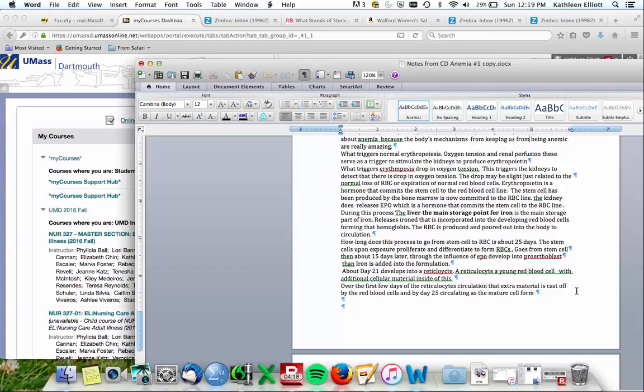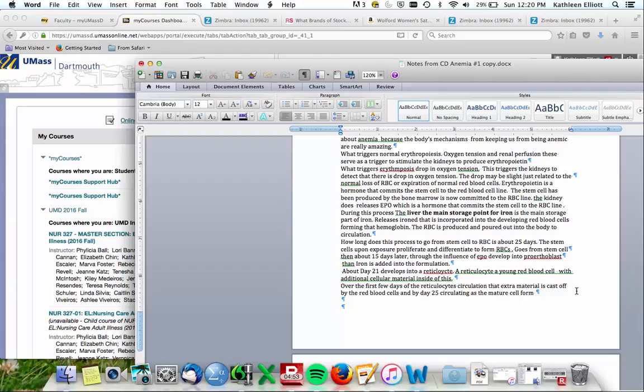During this process, the liver, which is the main storage point for iron, releases iron that is incorporated into the developing red blood cell, forming hemoglobin. The RBC is produced and poured out into circulation.